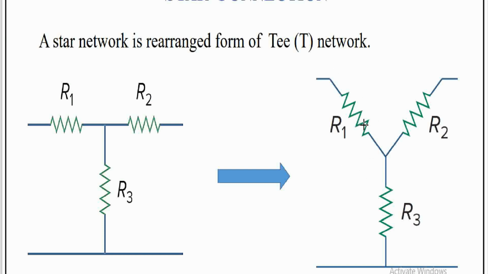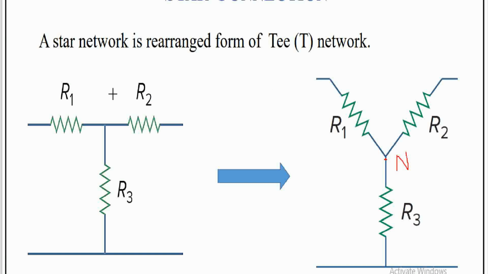Each resistor has 2 points or 2 terminals. In star connection, we have a common point which connects all the resistors' one end. This point is called the neutral point.